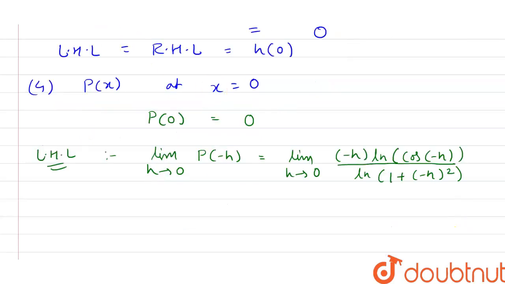Now here if we solve this, we will take the minus sign outside: minus limit h tends to 0 of h into ln cos h upon ln 1 plus h square, and we know that cos of minus theta is cos theta.